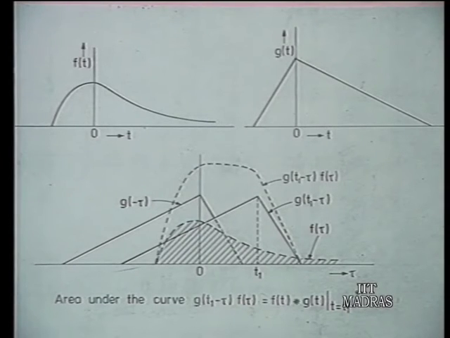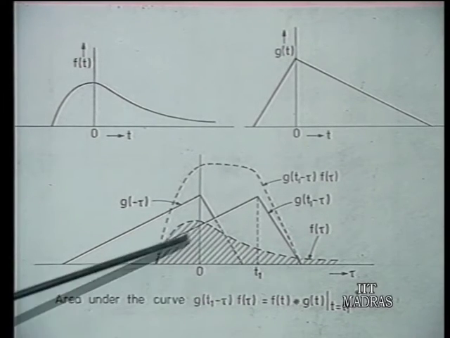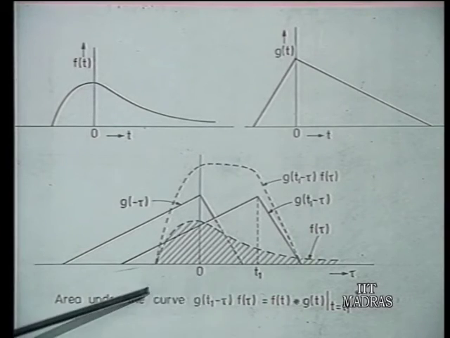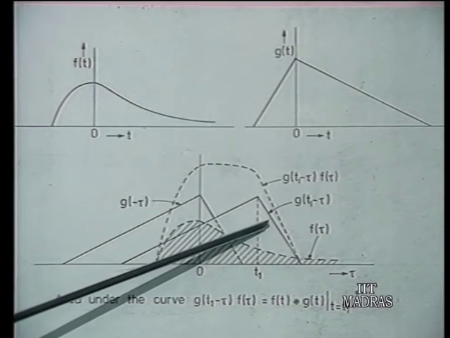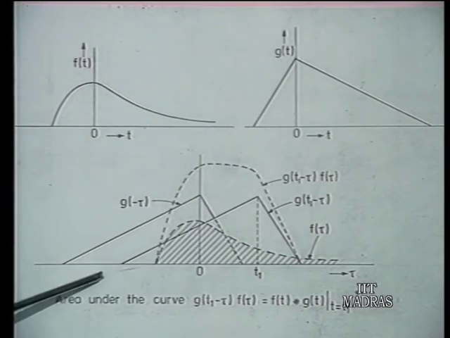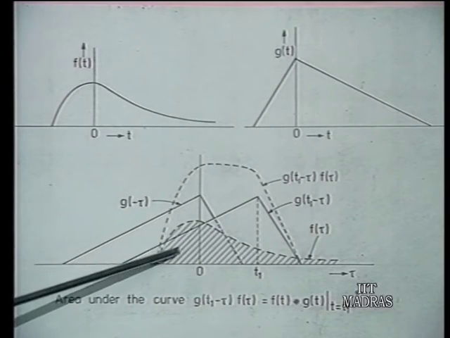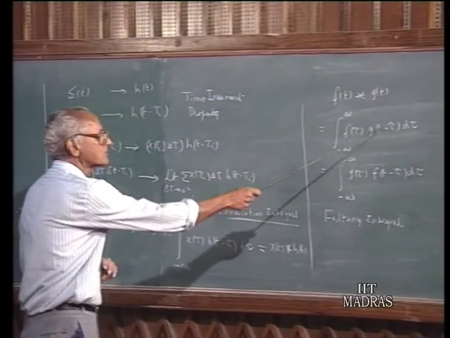Then suppose you want to find out the convolution integral for a particular value, say T1, then this g(minus t) you advance it in the forward direction by an amount equal to T1. That means this is g(minus t), you advance it by T1, this becomes g(T1 minus t). That means you shift it. Now we have the product, in this convolution, of f(tau) and g(t minus tau).